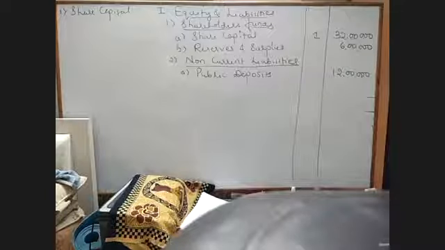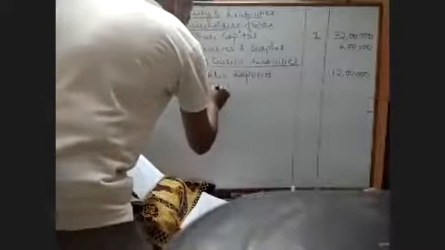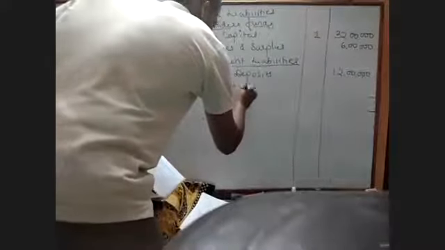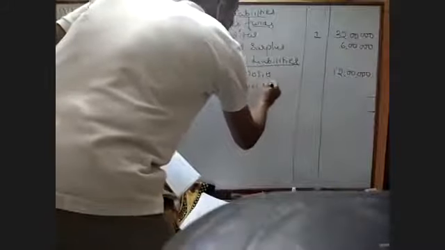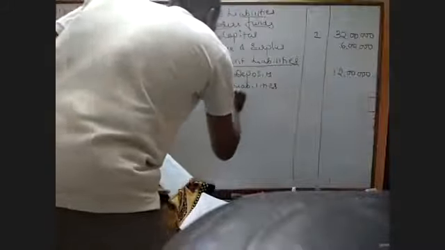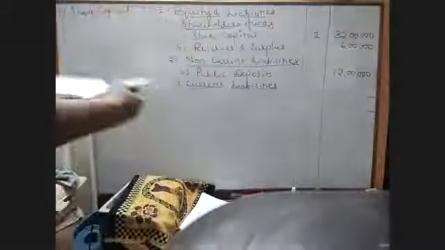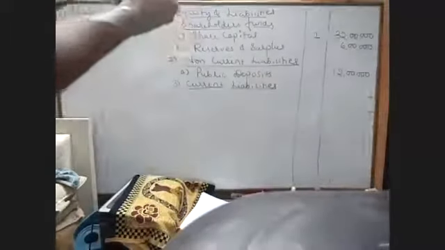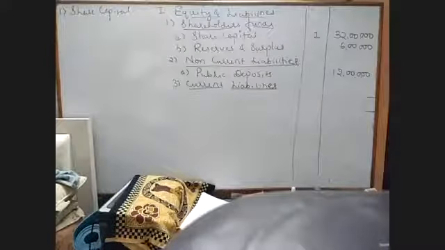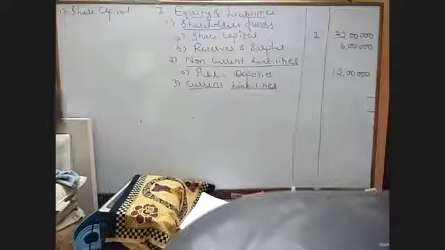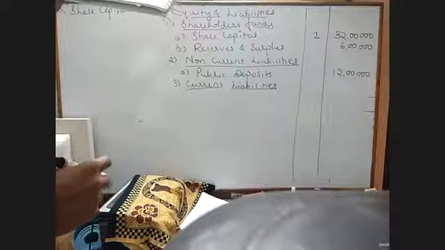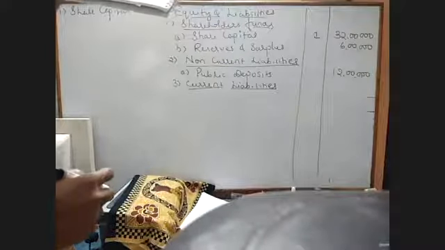Okay, so then let's move ahead and start with number 3, that is current liabilities. Under current liabilities, the first item we will be seeing is proposed dividend.